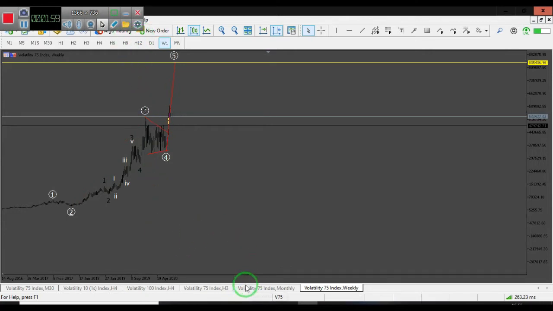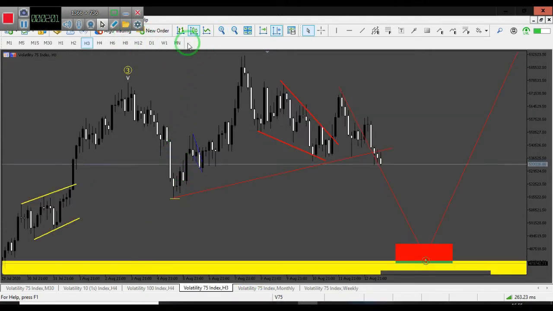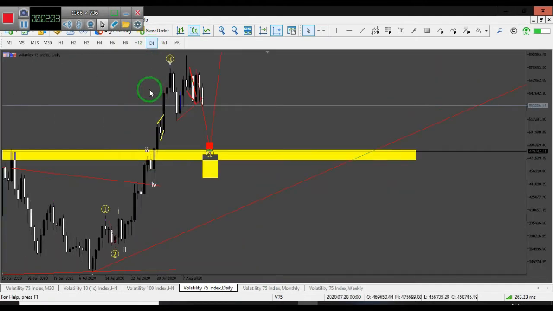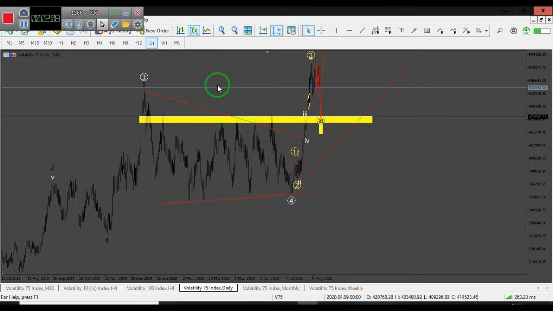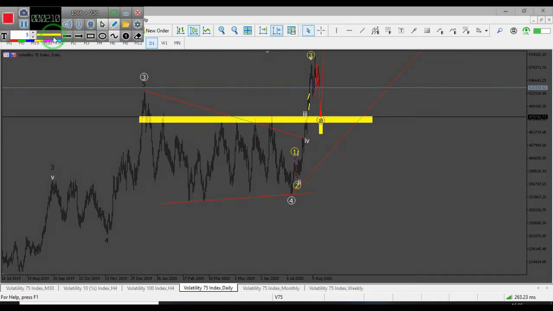Let's go down into the lower time frame, something like the daily. Right, as I said earlier, V75, we've got a triangle. This is what we have, our triangle.